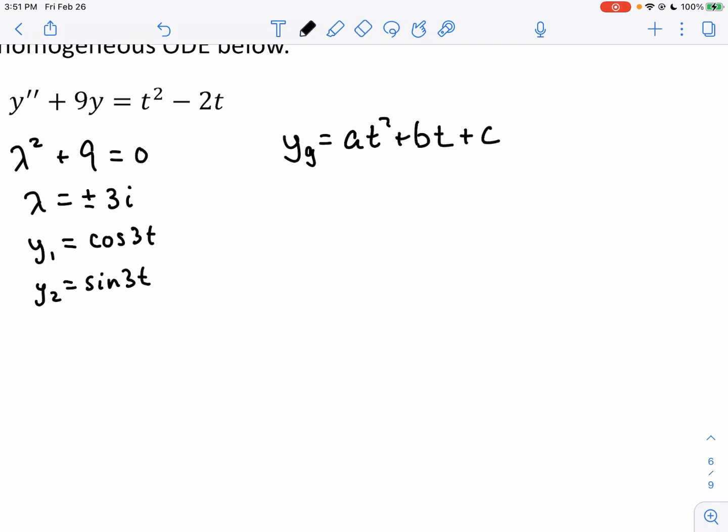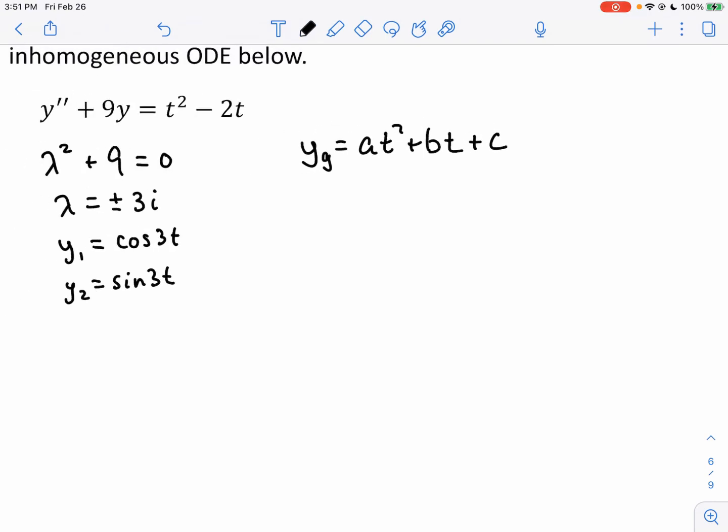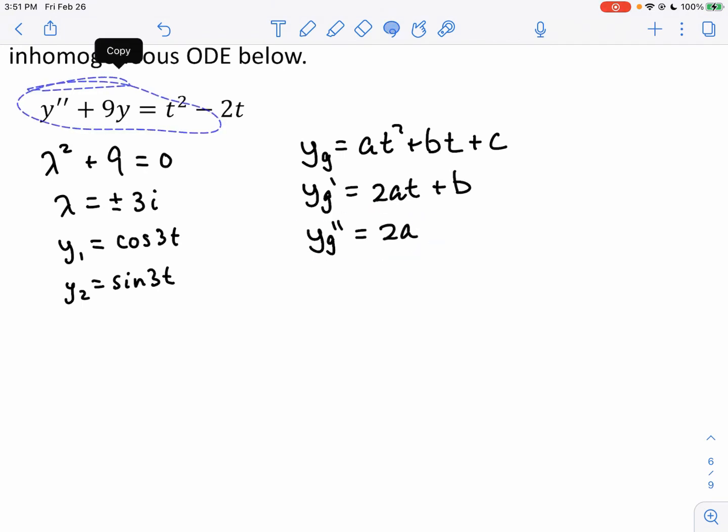It's good to put a little tail on your t so they don't look like plus signs. Now we're going to find two derivatives of this so I can plug it into this differential equation. The first derivative, y sub g prime, is 2at plus b, and then y sub g double prime is just 2a. And that's going to go in right there.